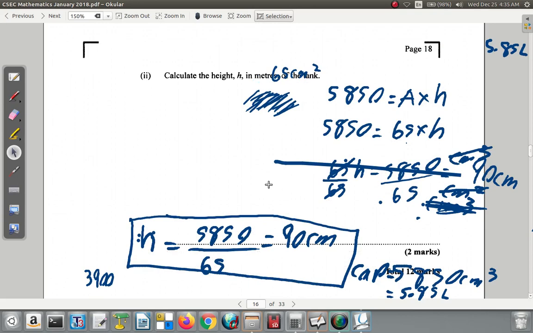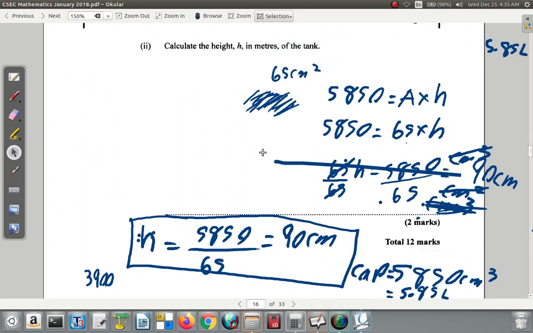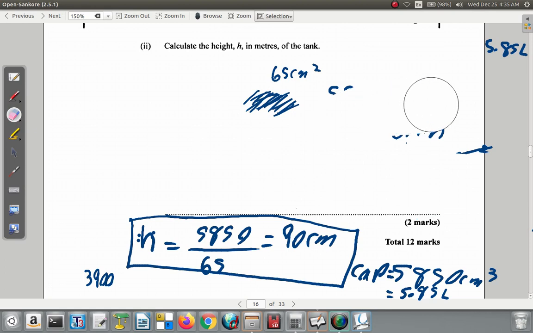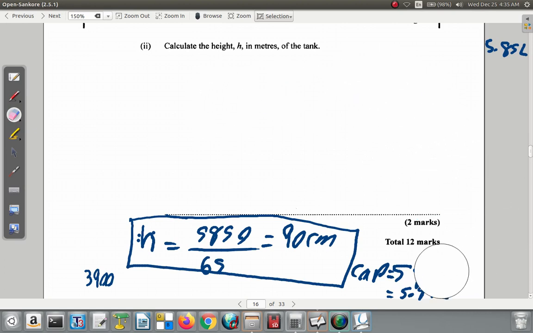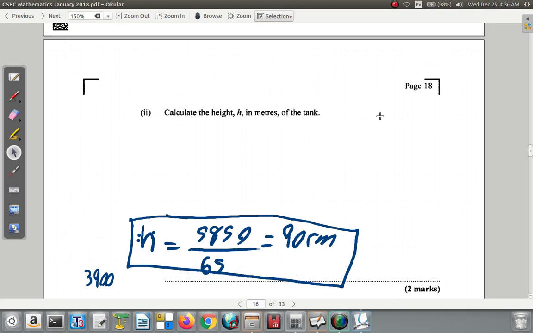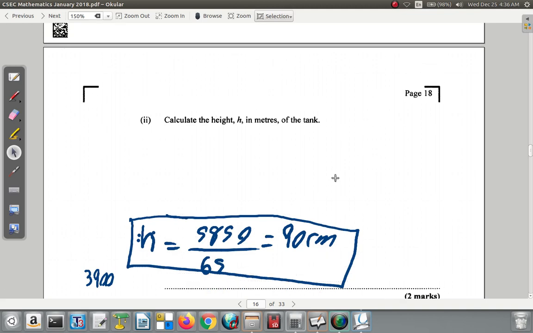Calculate the height in meters of the tank, and you would use this part to do your calculation. So let's just erase all of this. Right, your calculation might look something like this, where you're looking at the height being 90 centimeters. It would be 5850 centimeter cube divided by 65 centimeters squared, which would be 90.